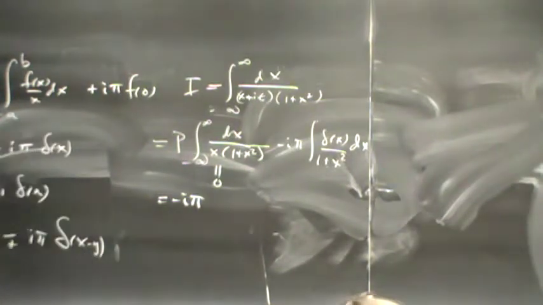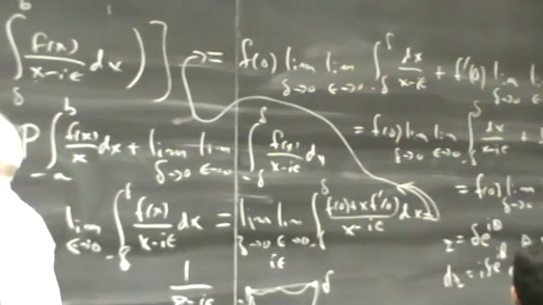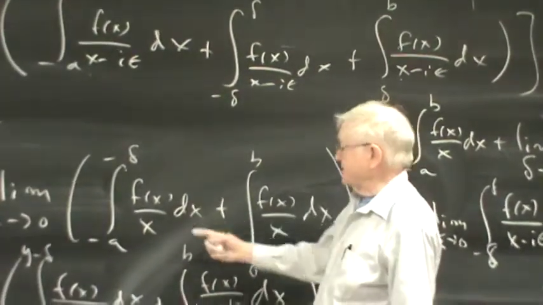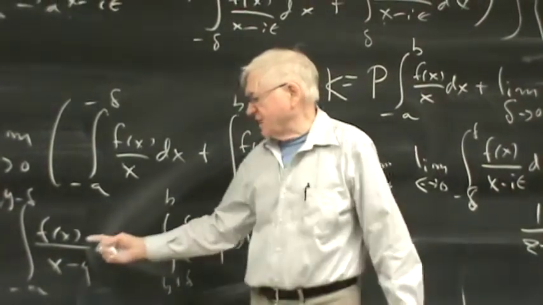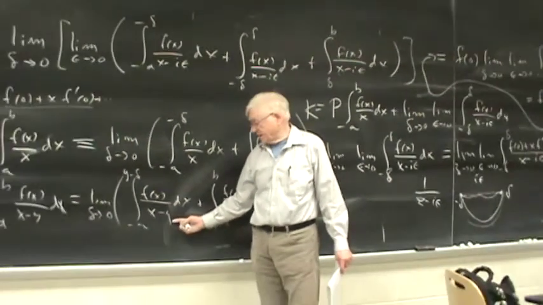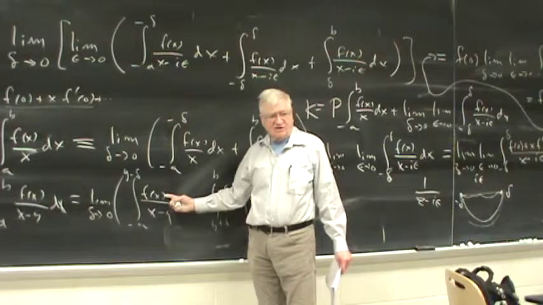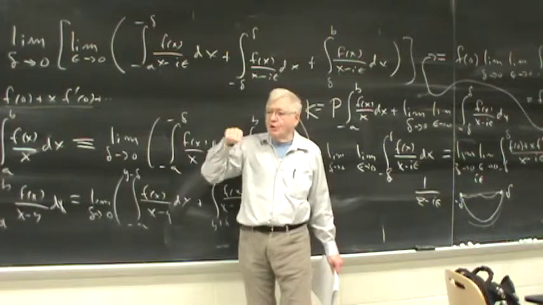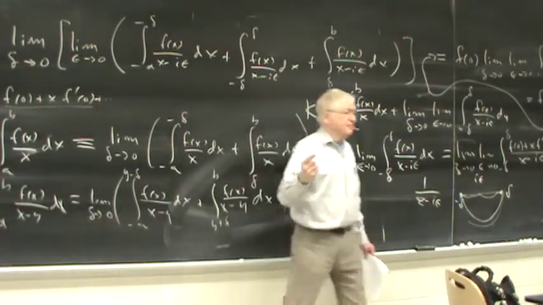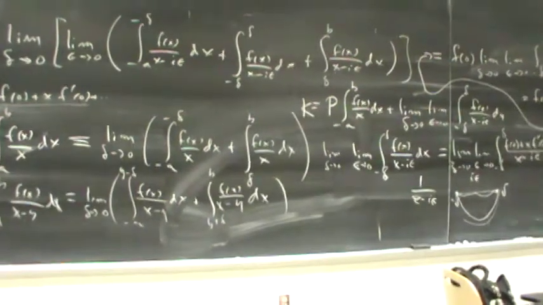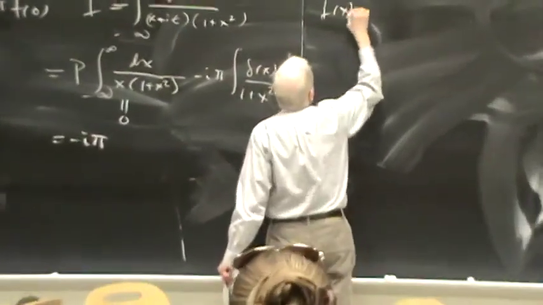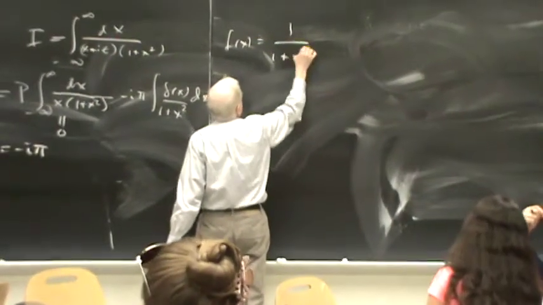Did I say even was good? Okay, we've got to distinguish. If f of x is even about x equal to a, the principal part is fine. Here what I'm talking about is f of x over x. The analog of f of x here is 1 over 1 plus x squared.